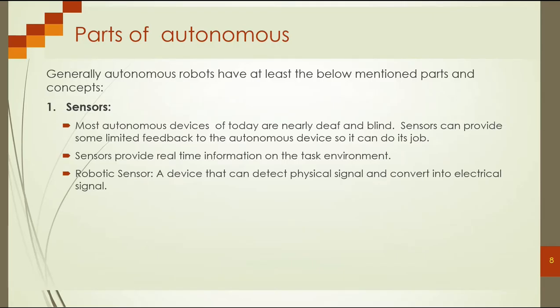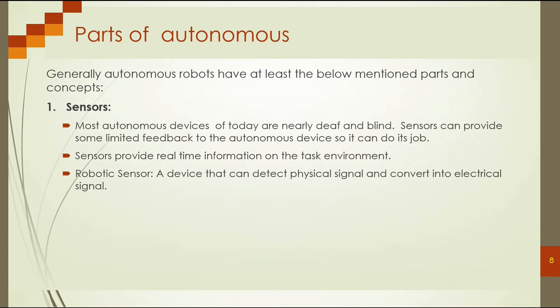So the sensors: the autonomous system without these sensors to receive information from the outside, the environment, is deaf and blind. It cannot do anything because we cannot sense anything from the environment. As you know, the main property of our systems is that they are situated in environments and react based on the environment.